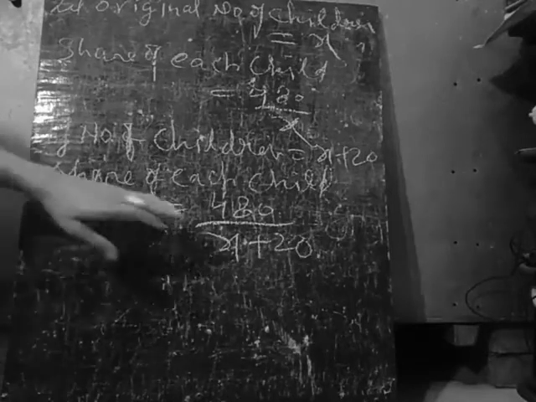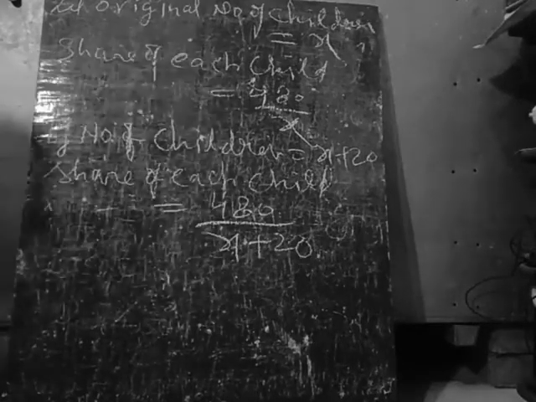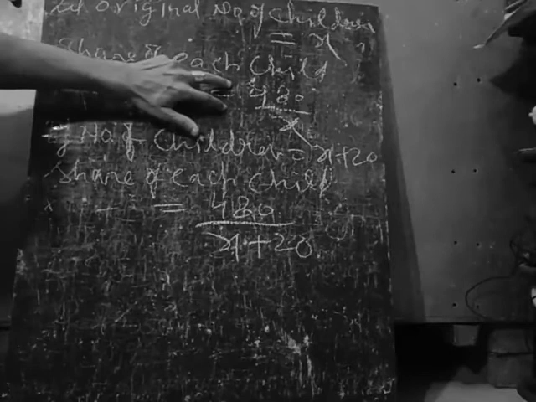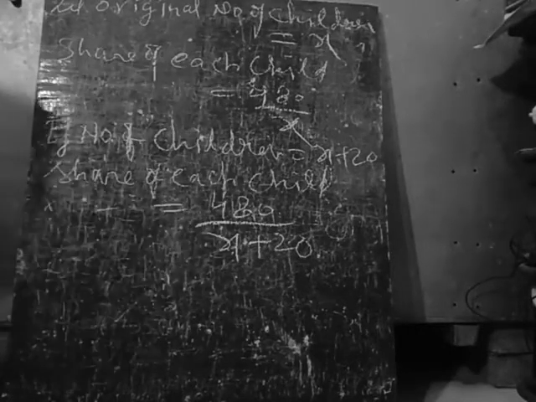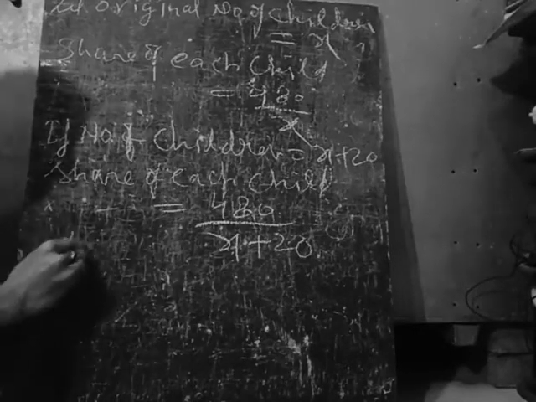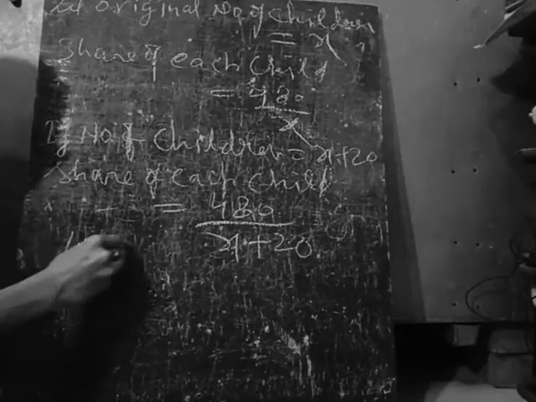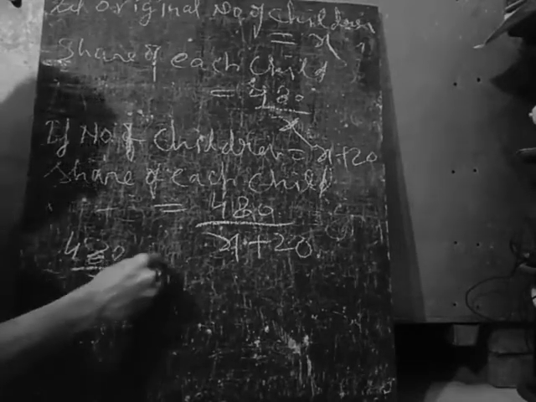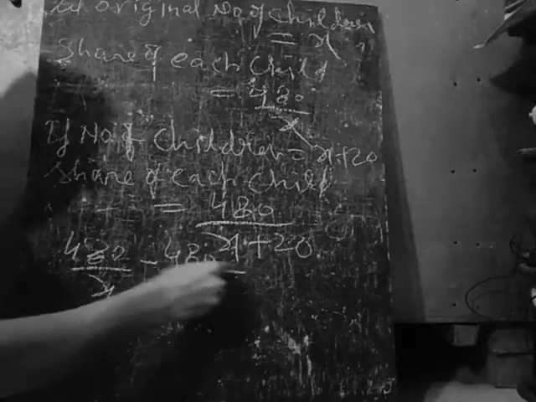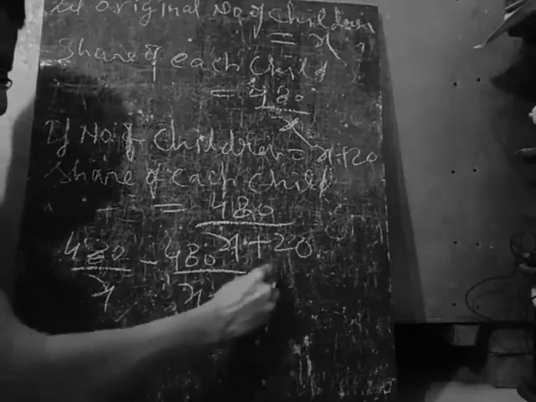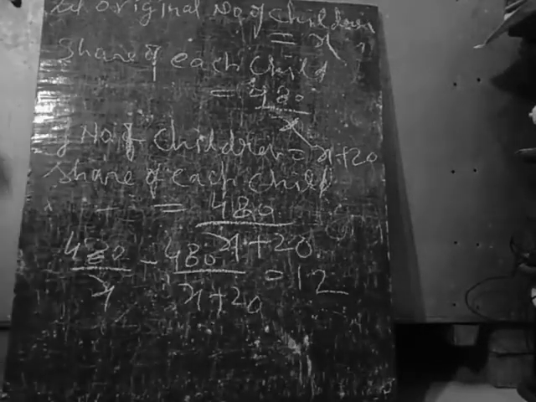It is said that this share is 12 less than this. That is, this is 12 more and this is 12 less. So we can say 480 upon x minus 480 upon x plus 20 is equal to 12.